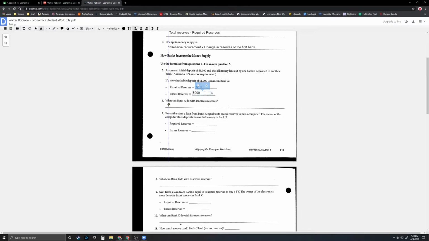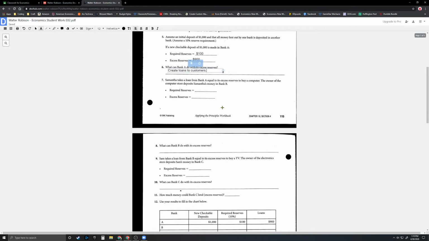All right, now what can the bank do with its excess reserves? Create loans. Okay. Question 7. So Samantha takes a loan from Bank A equal to the excess reserves. So that's this number right here, $900, to buy a computer.